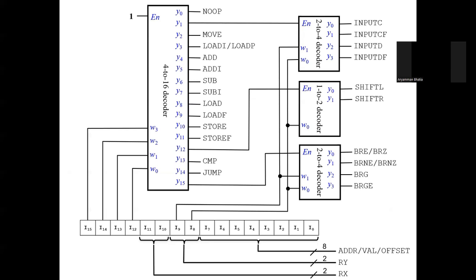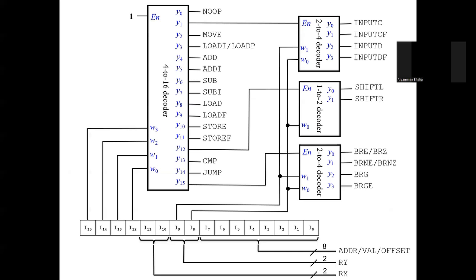So the 2 bits of RX can always be used because they are not used to encode any operation, and the 2 bits of RY can be used for all the operations on the left side of the 4 to 16 decoder, because these operations are again not dependent on these bits.